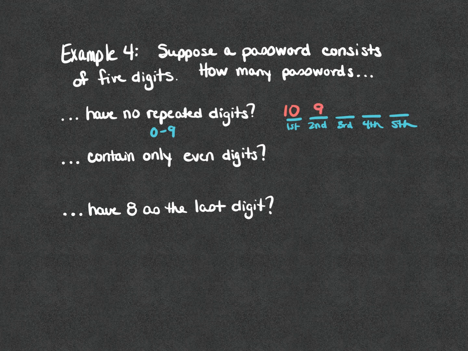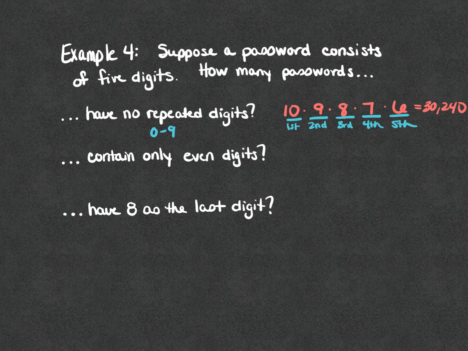And then we're going to toss that number out. That would leave us with 8 numbers left for the third spot, 7 numbers that we could choose for the fourth spot, and 6 numbers that we could choose for the fifth spot. Again, not doing any repeating of digits. That would give us 30,240 options.